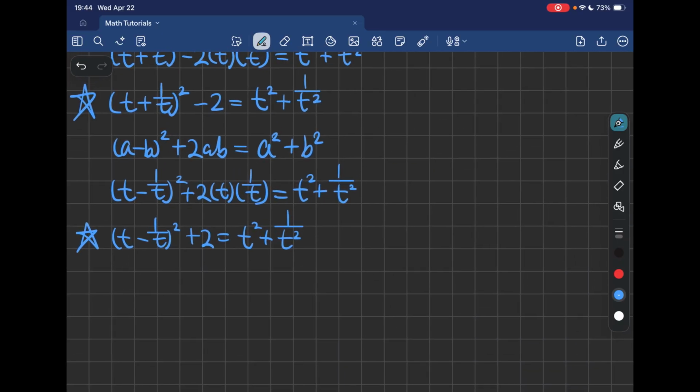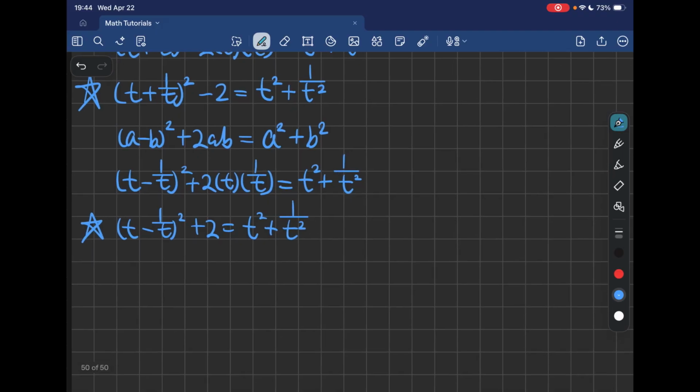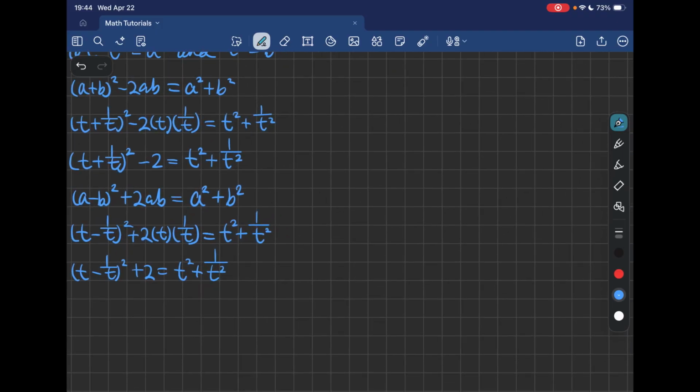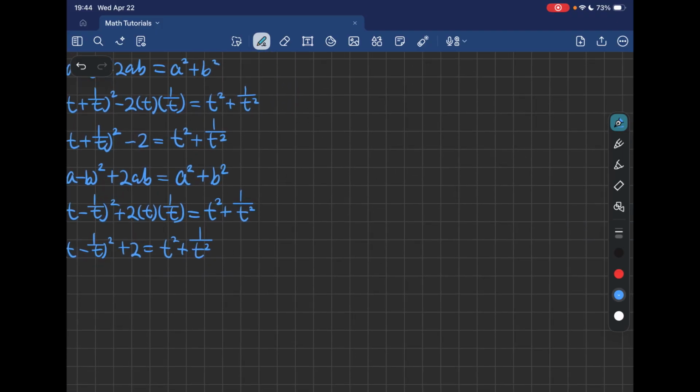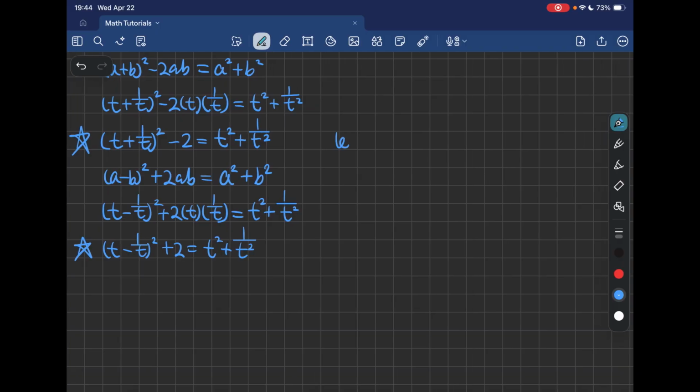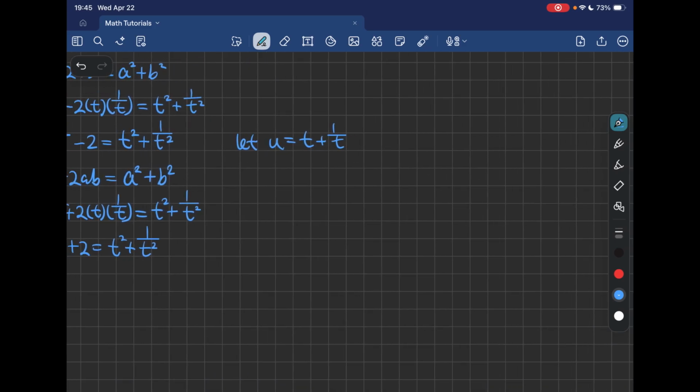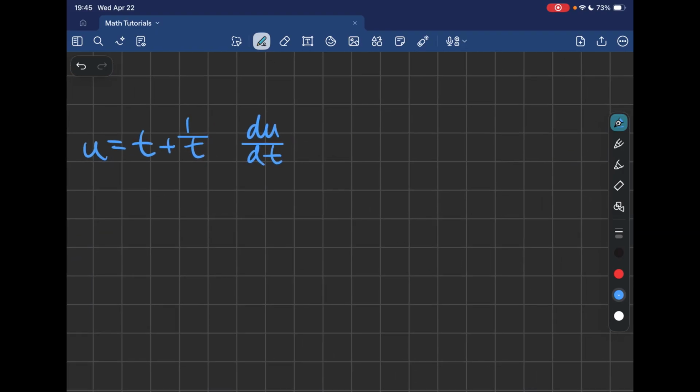So we have t + 1/t right here. So if we let u equal t + 1/t, then if you take the derivative, because we just did something similar to u substitution, we now have 1 − 1/t².